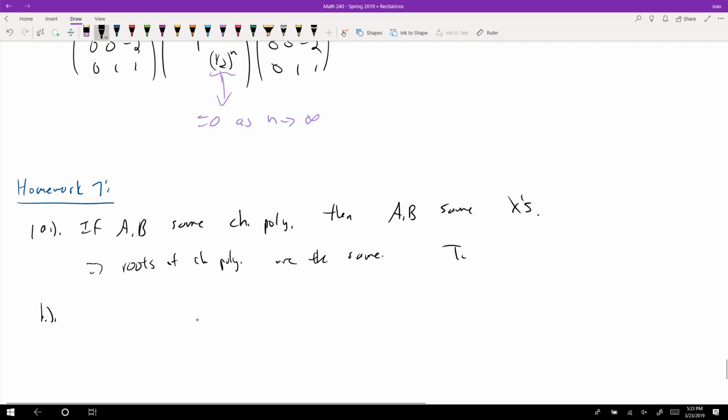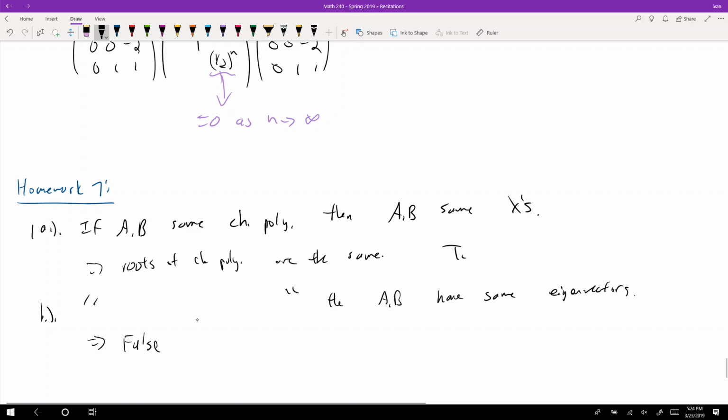1b: if A and B have the same characteristic polynomial, then A and B have the same eigenvectors. False. Why is that false? Anyone want to give a counterexample?